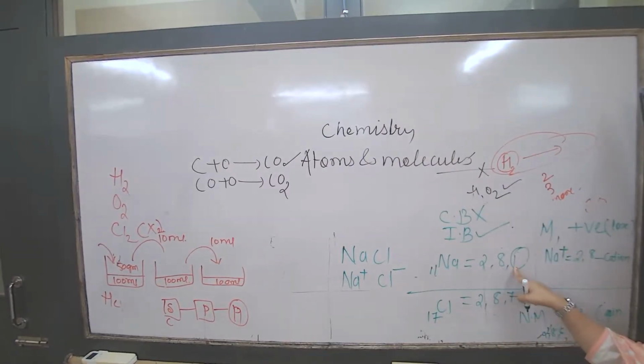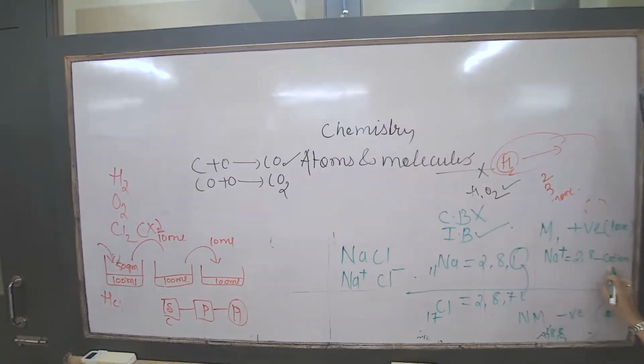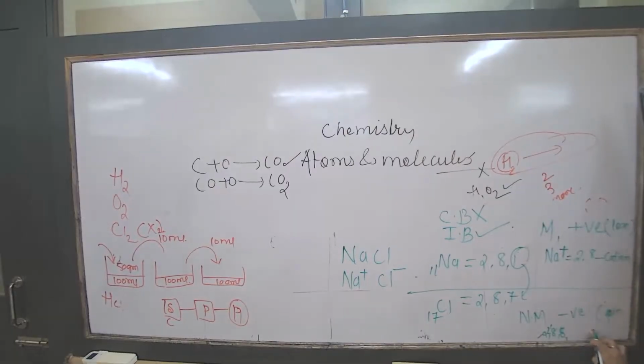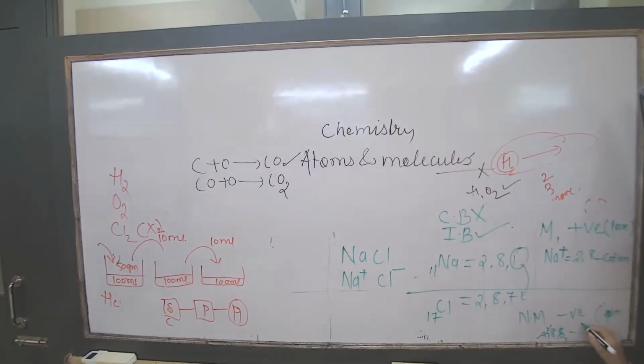See here, I have added one electron to this 7, so the new configuration is 2, 8 and 8. Now the first one is a cation, so this will be an anion. You will complete the explanation at home.